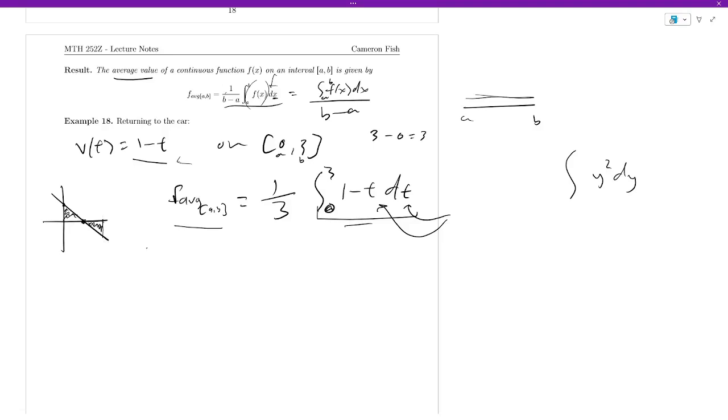So let's think about these triangles. What are these coordinates? How could I find that x coordinate? Well, I have to figure out what the t value is when the y value is 0, because that will get me my crossing right there.